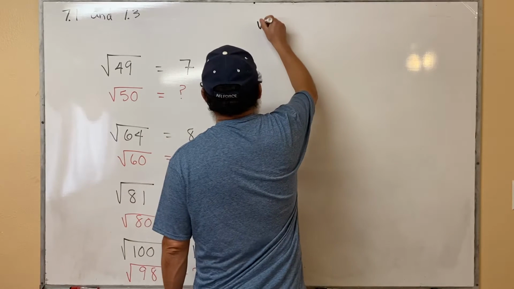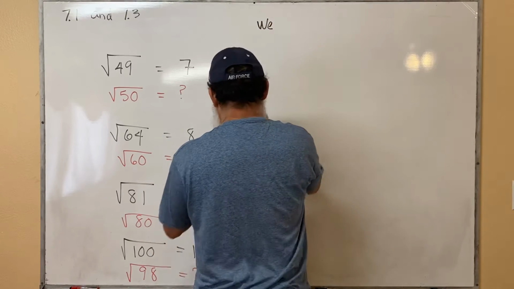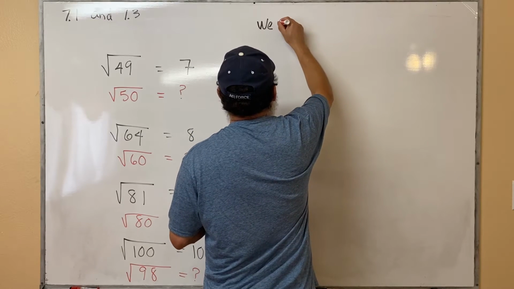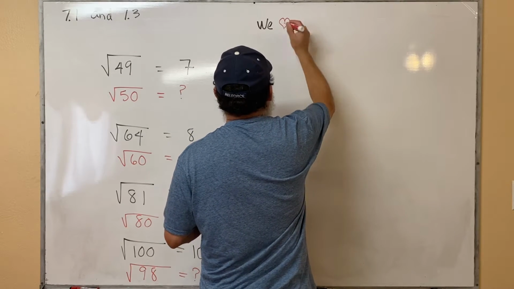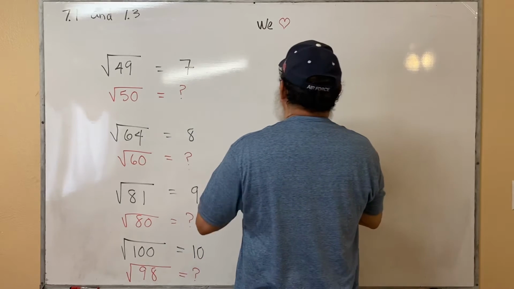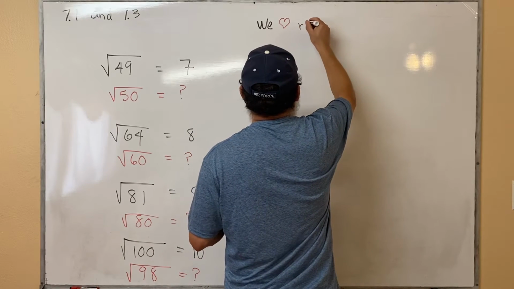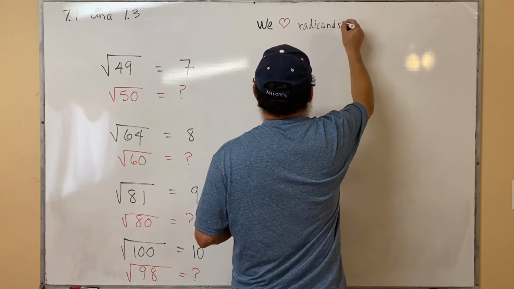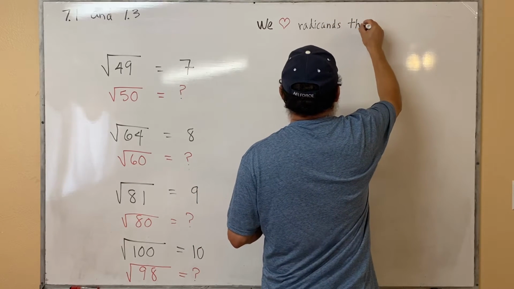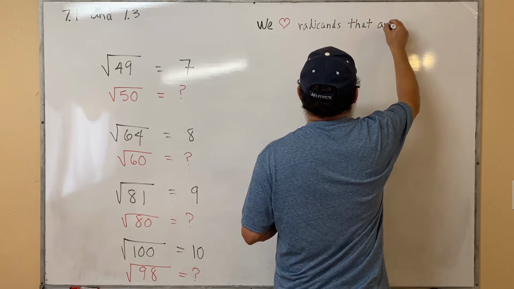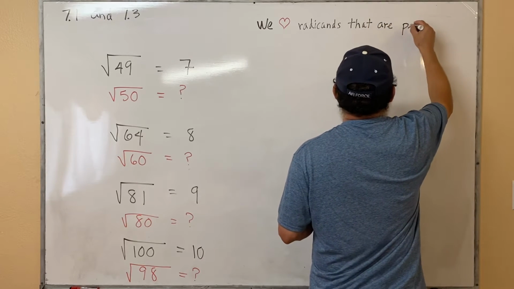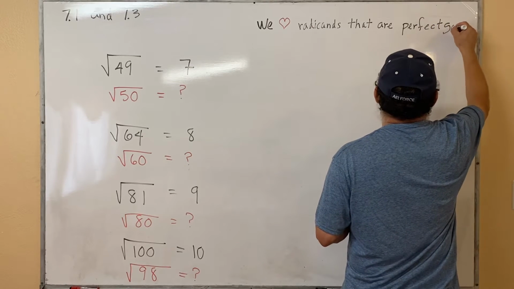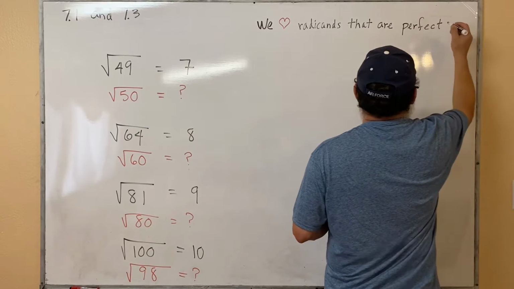We love radicands that are perfect squares.